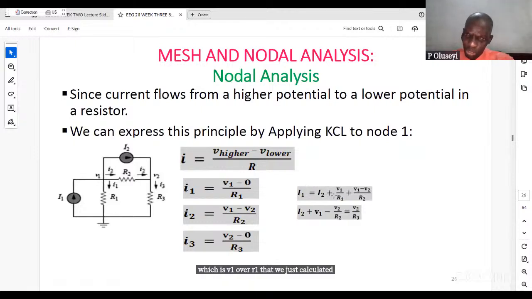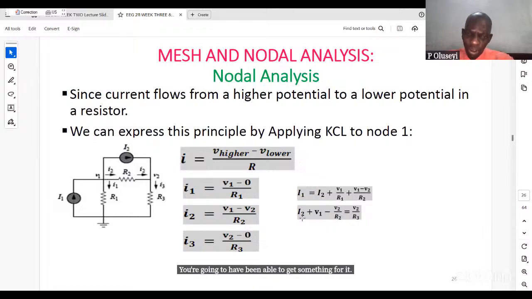That's why you have V1 over R1. Then the next one is lowercase i2, which is the difference between V1 and V2 over R2. So when you add all of them together, you have the nodal analysis of that node.